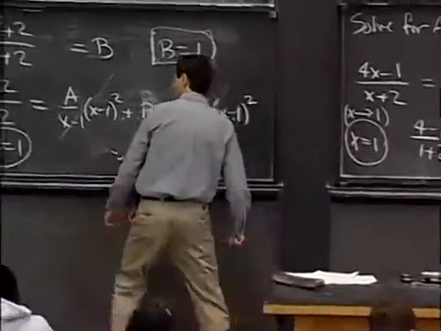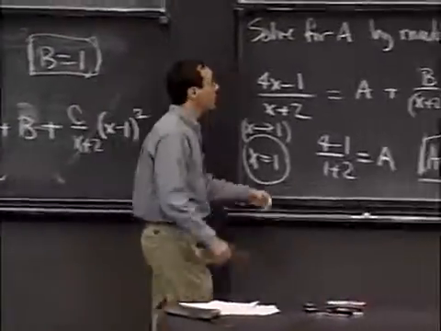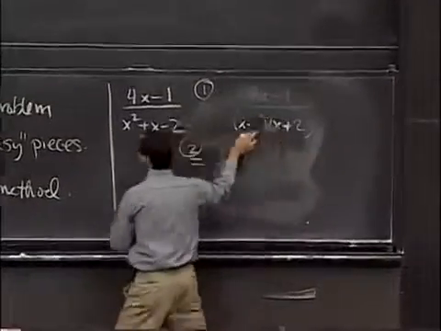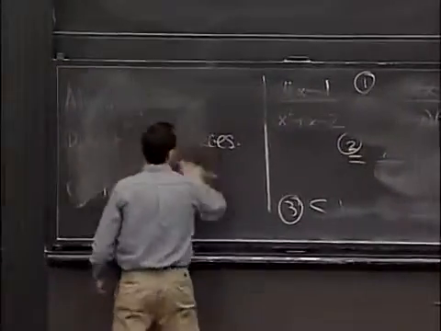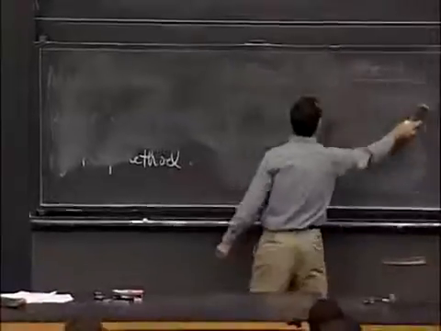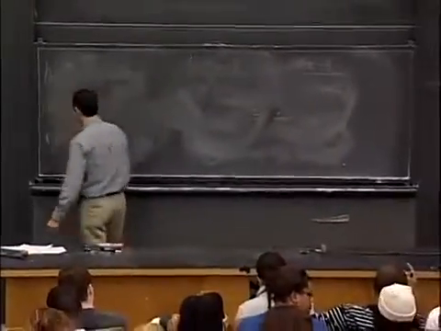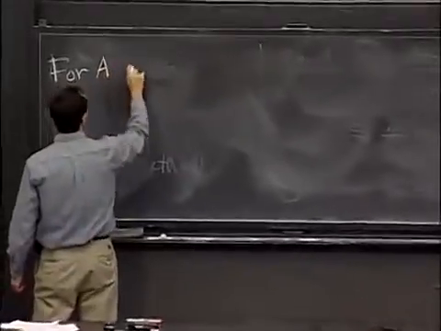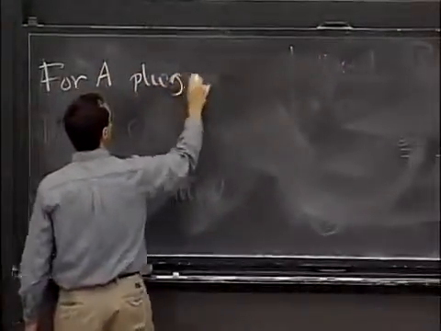All right. Now, for the last term, for a, I'm going to just have to be straightforward about it. So I'll just suggest for a, plug in your favorite number.